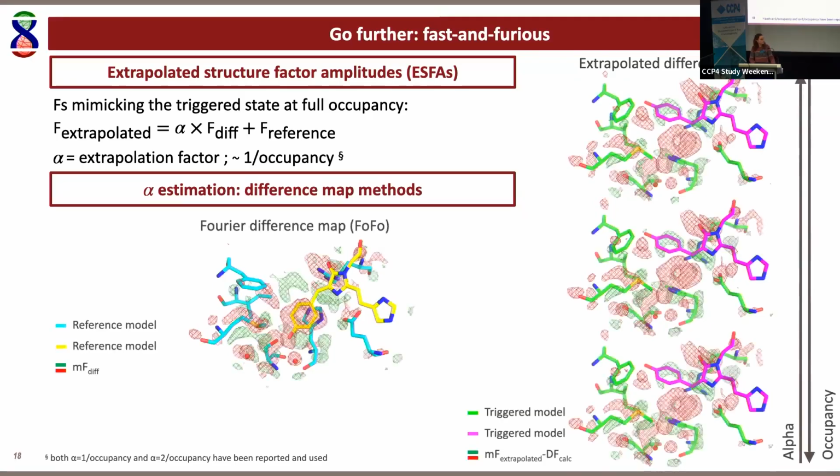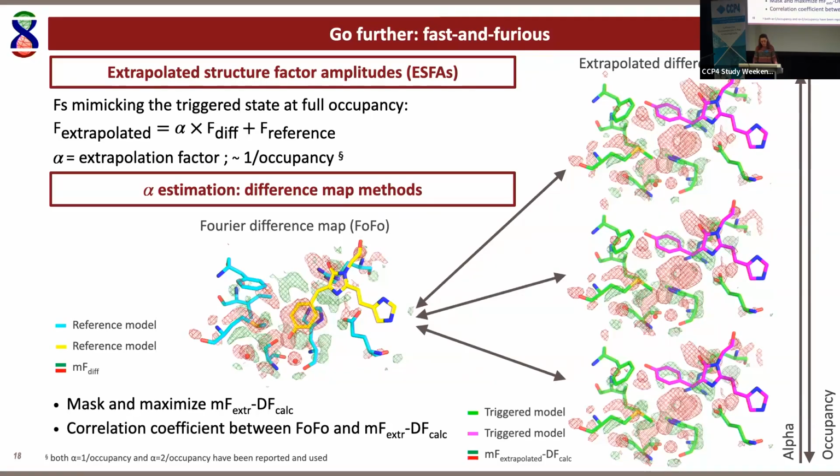You might have noticed that our Fourier difference electron density map resembles those extrapolated difference maps quite a lot. And the resemblance is highest when we look at the extrapolated difference map, which is calculated at the best alpha value. And we'll use this to estimate this alpha value. So we have actually 2 what we call difference map submethods.